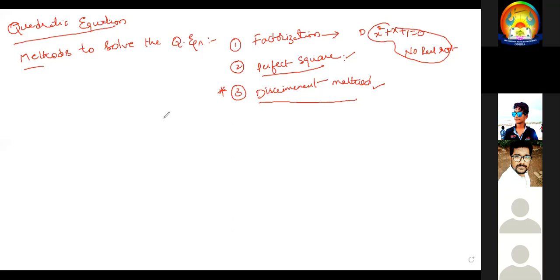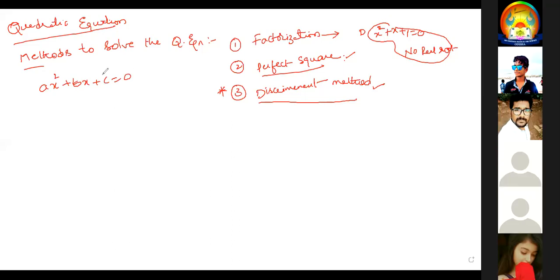I'll explain the discriminant method. There is a quadratic equation ax square plus bx plus c equal to 0. Everyone, please listen. Whenever you study topics from class 11 or class 12, while solving objectives for mains, these methods will help you solve very easily.